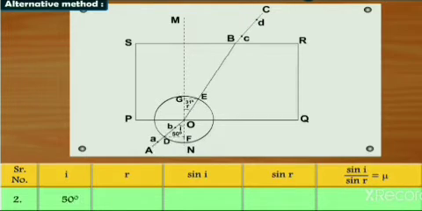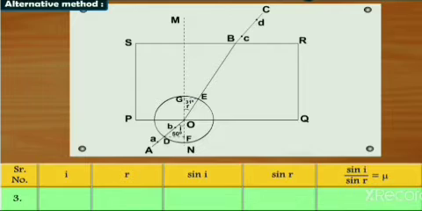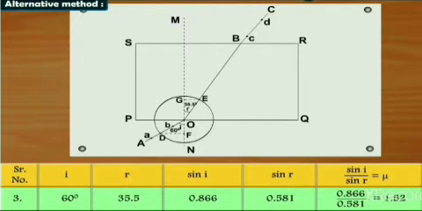When I is equal to 50, R is equal to 31, sin I is 0.766, sin R is 0.515, refractive index mu is equal to 1.46. When I is equal to 60, R is equal to 35.5, sin I 0.866, sin R is 0.581, mu is 1.52.